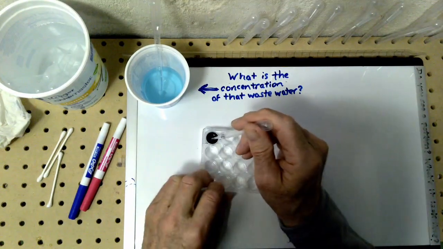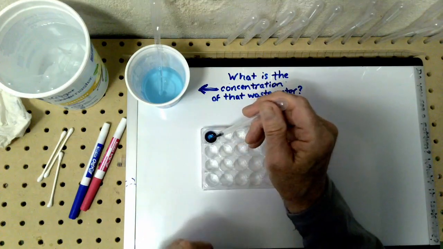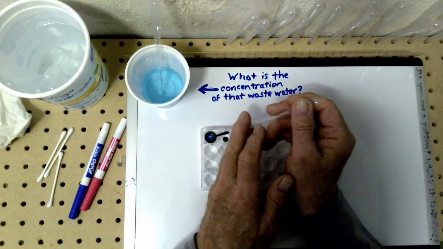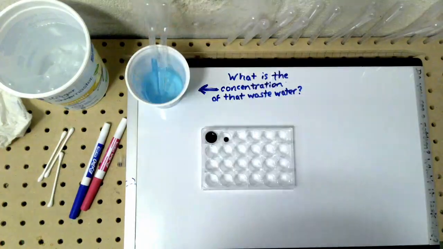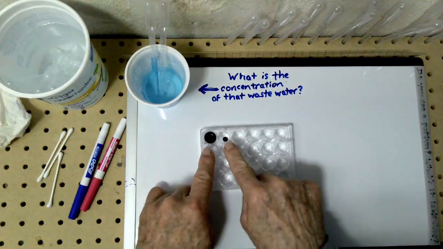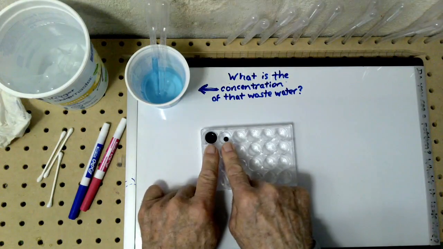So we understand there'll be a little bit of a mistake right there, but not much I can do about it. So now I'm going to take one of those drops right there. And this would have to be cleaned out now. So these two have the same concentration. There's more of this one, but they have the same concentration.